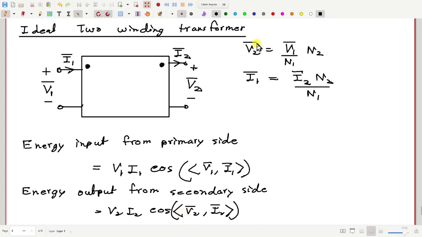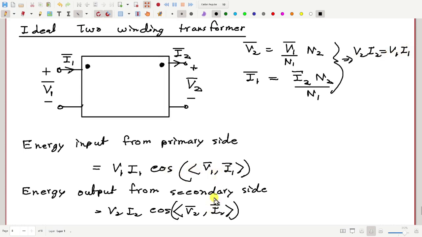Now, from these two equations, you can readily see that the RMS value of V2 multiplied by the RMS value of I2, so V2 I2, will be equal to V1 I1. Anyway, that is true. But what about the cosine terms?